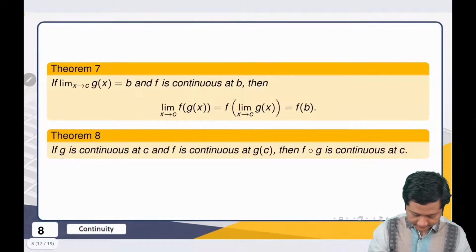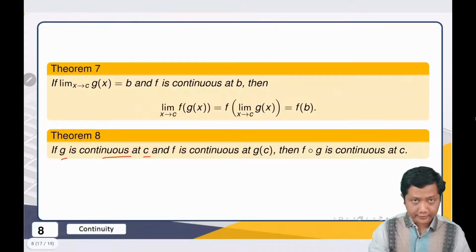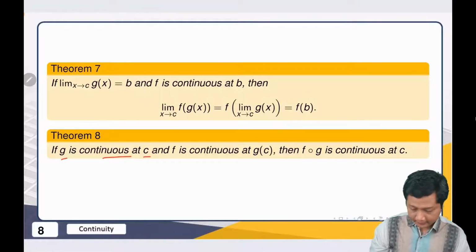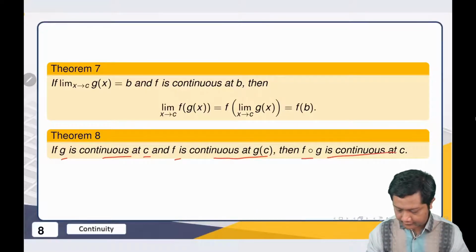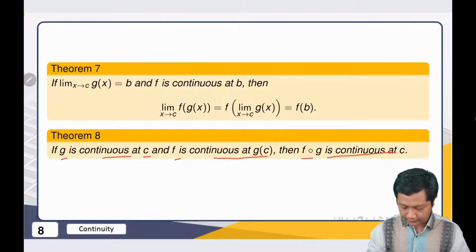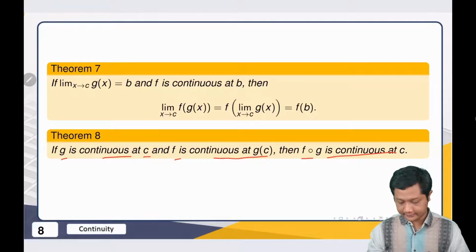And if g is continuous at c, actually this one is the corollary, and f is continuous at g(c), then f composed with g is continuous at c. So this one is the composition function.